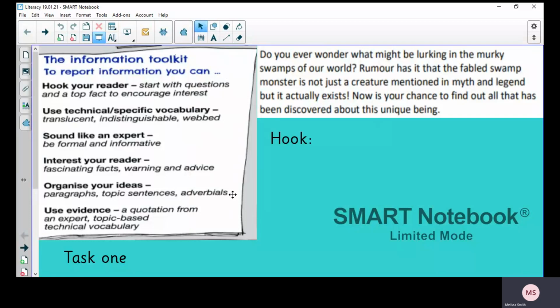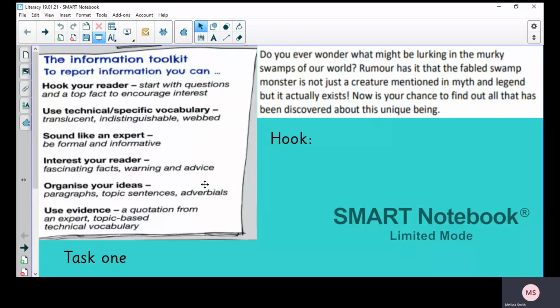So to make sure that each paragraph has a specific focus, it's telling us something different about the monster. Just like how yesterday you looked at the structure, what is included in each paragraph along the model text. As part of organising your ideas, you might have topic sentences which introduce what the paragraph is about, and adverbials which work in the same way.